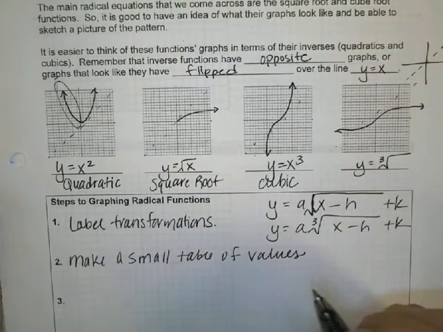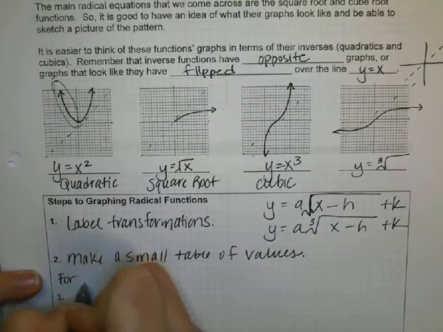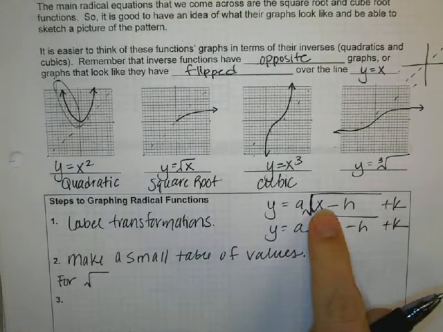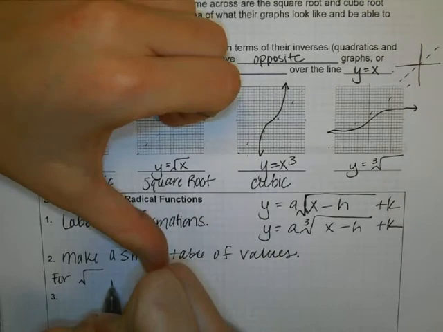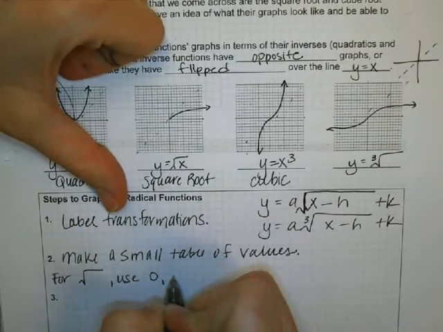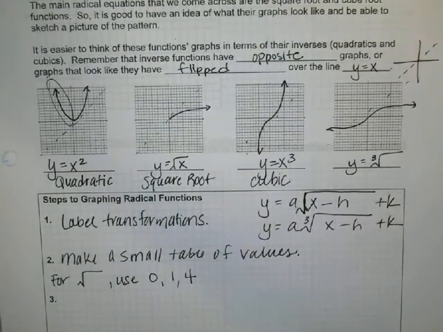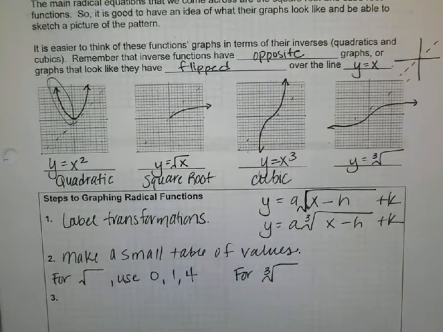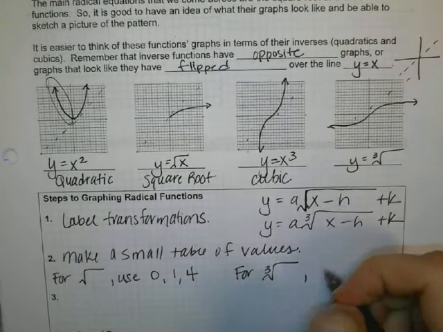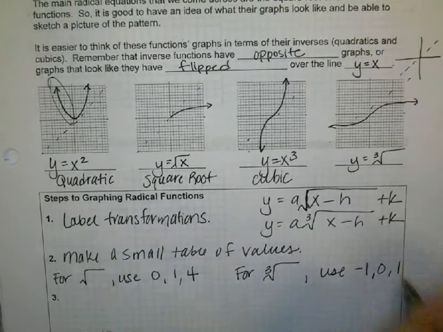Now, for this one, we want to use values that make sense. So for the square root function, the numbers that are easy to take the square root of are 0, 1, and 4. Those are numbers that we can plug in and take the square root of, and it's easy. For cube root functions, we don't have to do anything really crazy because you can take the cube root of -1, of 0, and of +1.